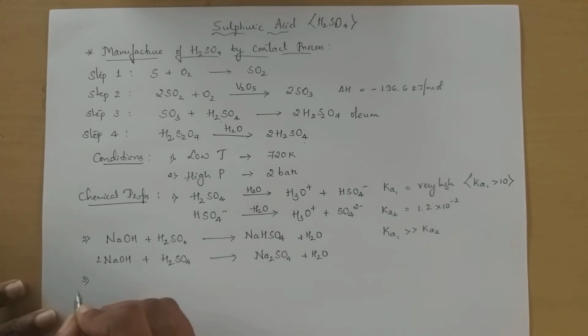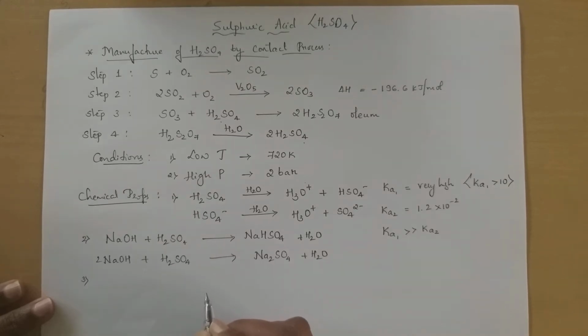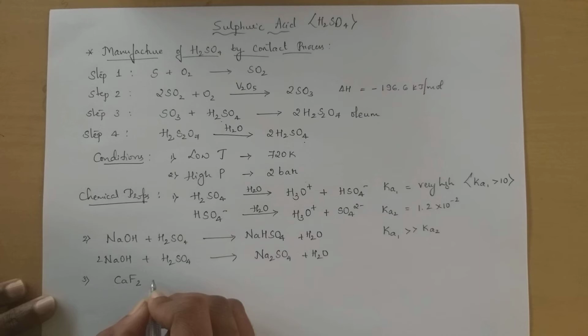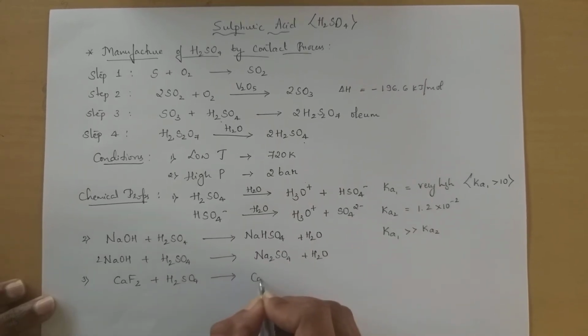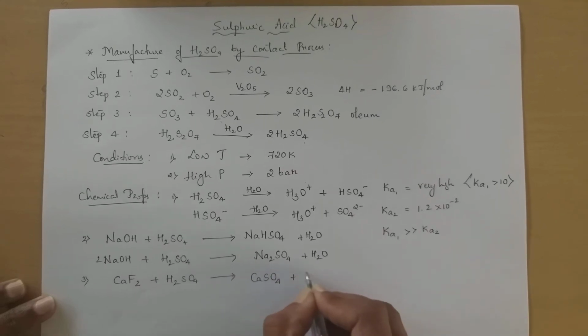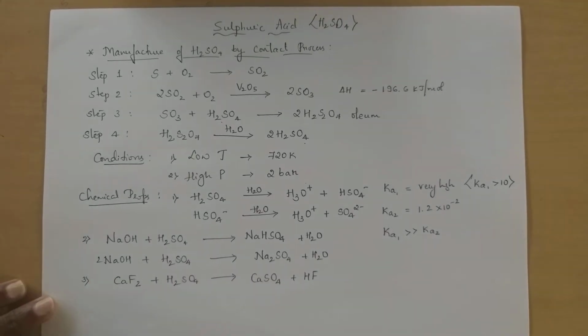Next, we have reaction with salts. How does sulfuric acid react with salts? Calcium fluoride, a salt, reacts with H2SO4 to form calcium sulfate and hydrogen fluoride.